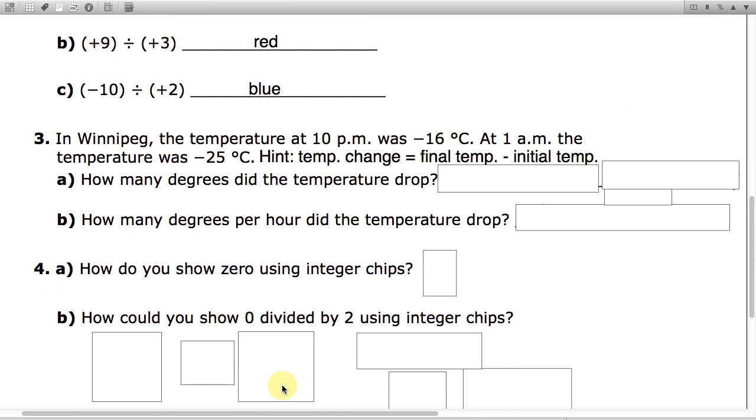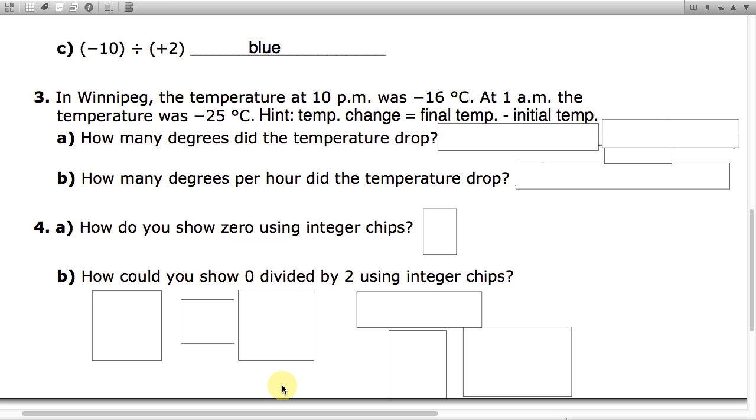Next thing, we got a few more questions. First of all, it asks, in Winnipeg, the temperature at 10 p.m. was -16 degrees Celsius, and at 1 a.m. the temperature was -25 degrees Celsius. We want to first of all determine how many degrees the temperature dropped. And so I've added a little hint in here that the temperature change is equal to the final temperature minus the initial temperature.